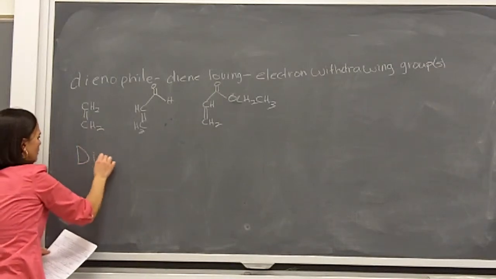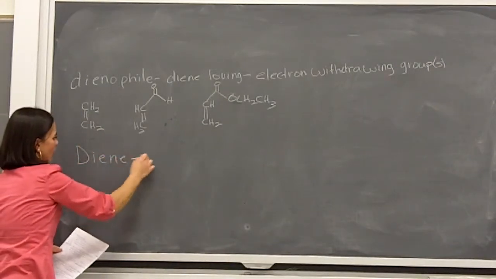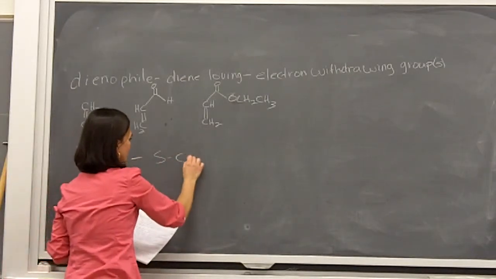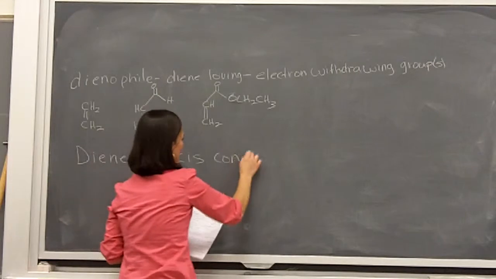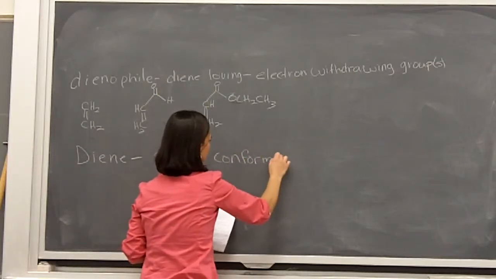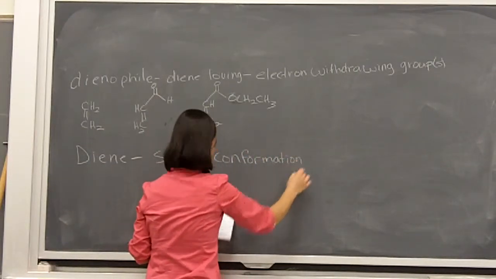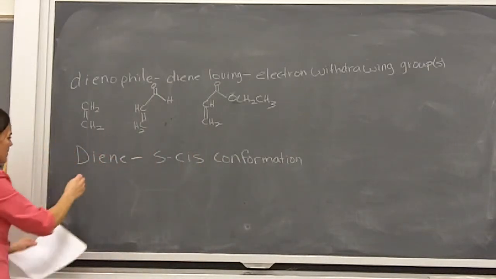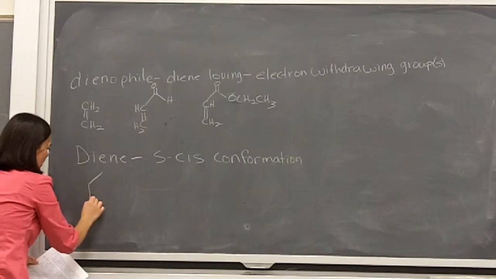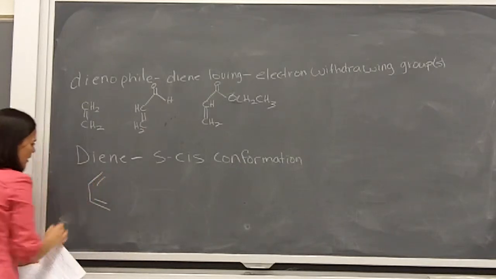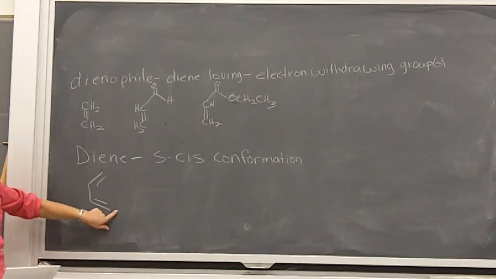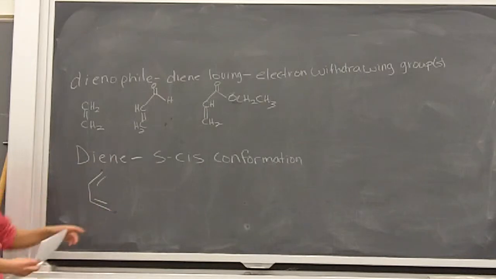The diene, what we need is a special conformation of the diene. So what we need is what's called an S-cis conformation. And what this does is it holds, so this is our S-cis conformation of our diene, our carbon 1 and our carbon 4 in much closer proximity to actually have the reaction take place.